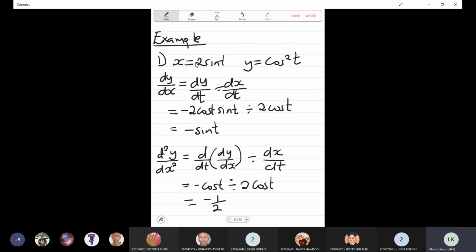So the first derivative of y with respect to x is negative sin t, and the second derivative of y with respect to x is minus half. Okay, so here again, it is just about using the formula. So keep in mind that x and y are functions of some other variable t, and to work out the derivative of y with respect to x, that is what we have, and then this is the second derivative.